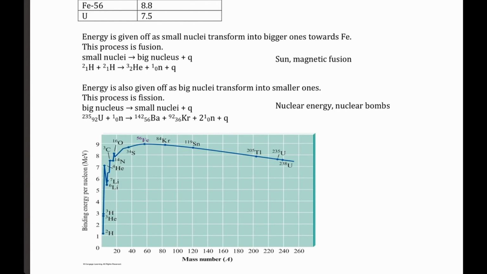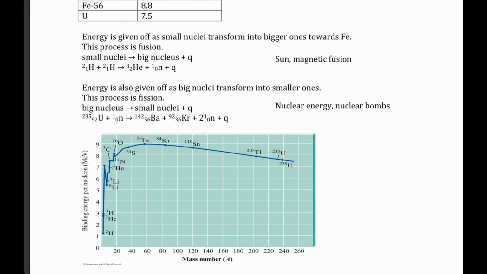We would say that that means that it is the most stable isotope.